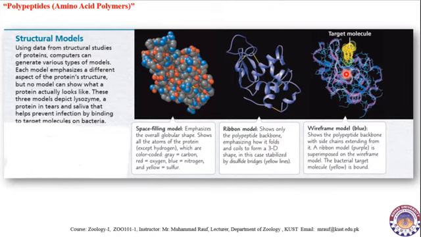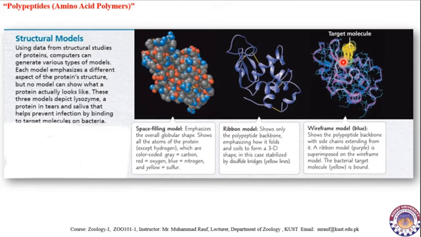And this is another structural depiction of a protein, where you can see those thin threads. These are the side chains of the protein, and here is the target molecule, the bacterial cell.